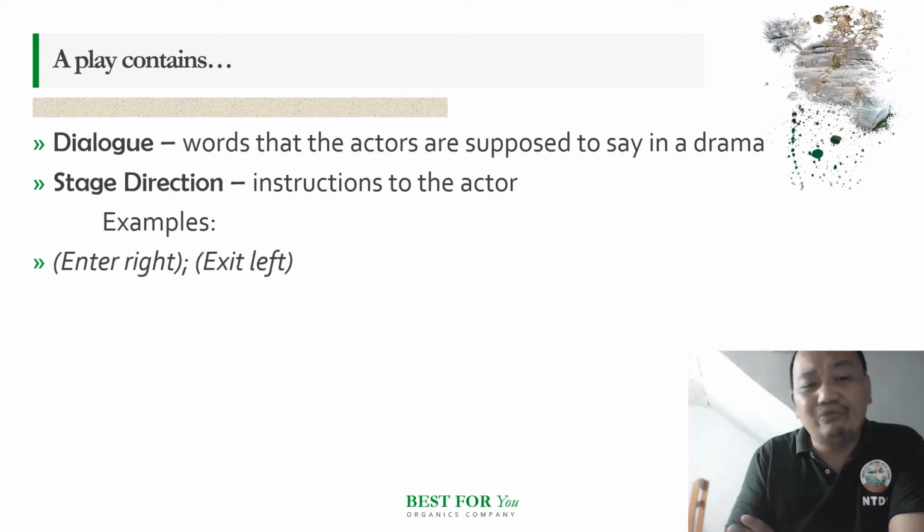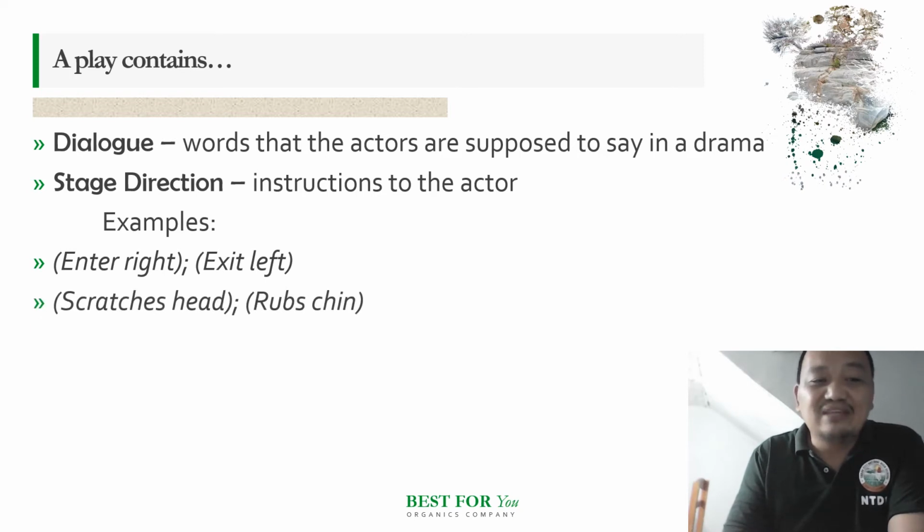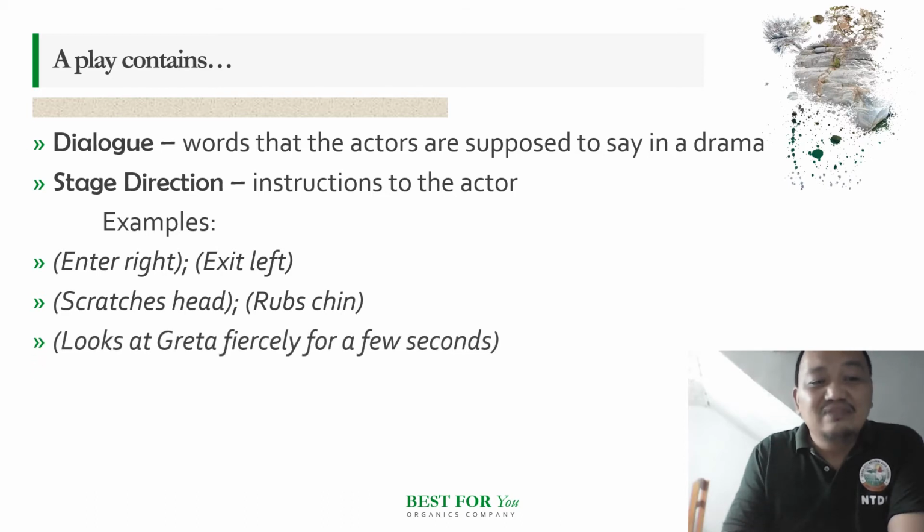So, what are examples of stage direction? First, you have enter right, exit left. Then, of course, you have what they're supposed to do before delivering a line, like scratches the head, rubs chin, right? Here, a reaction to something that a character does or says during a play, such as this, looks at Greta fiercely for a few seconds.